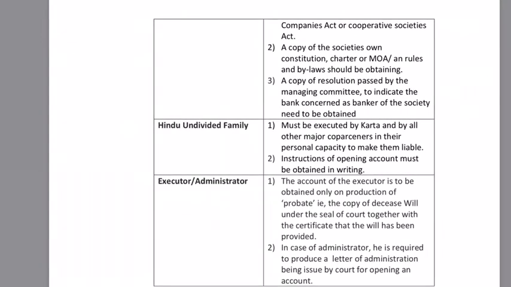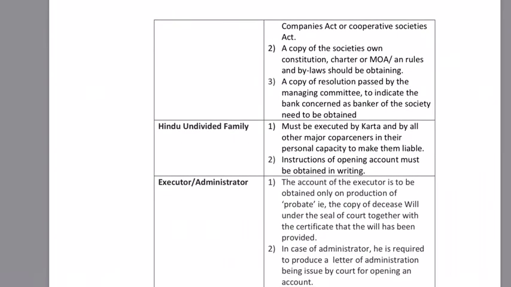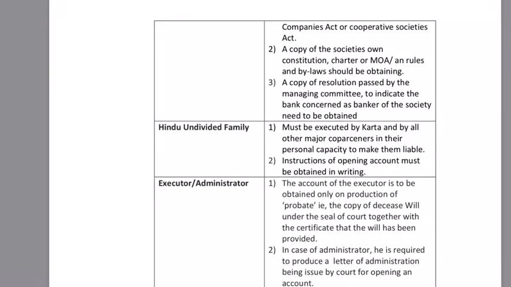So that is the executor. So banks have to be also careful when an executor approaches them, and they should ask for a copy of the will. Okay, and the copy which is attested by the court.